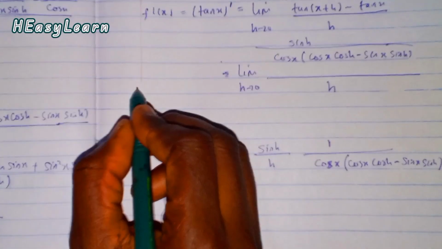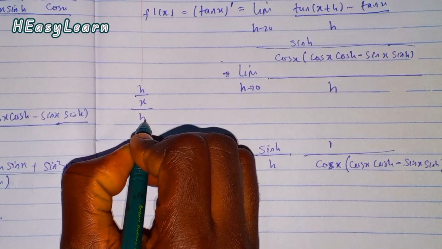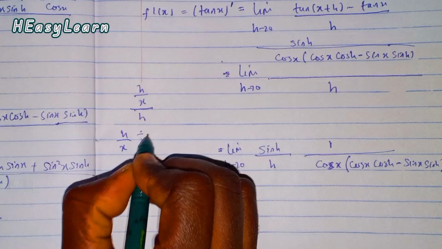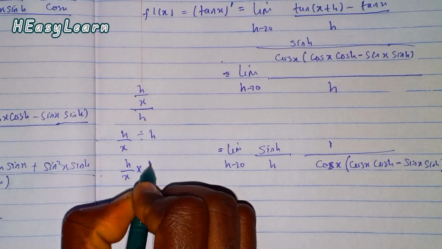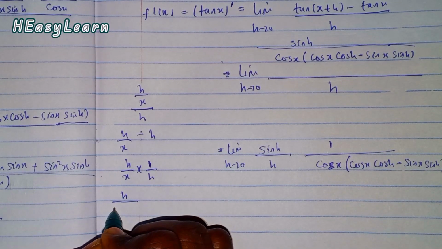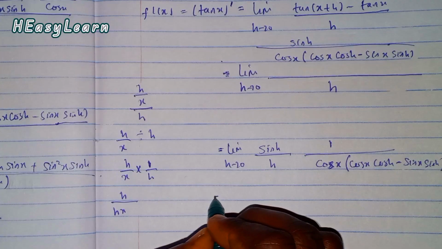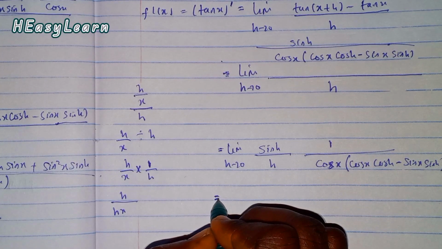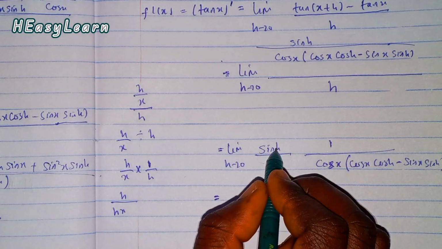Limit of product is product of limit. The limit h approach 0 of sin h over h is 1.